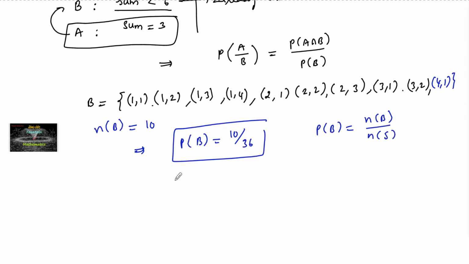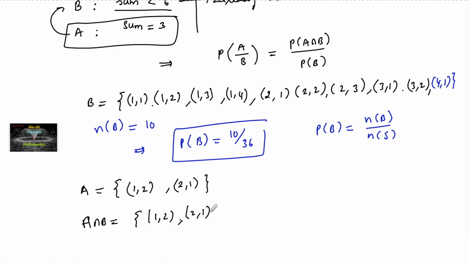So 10 out of 36 is P of B. And A can be considered: sum is 3. So we can write here 1 comma 2 and 2 comma 1. A intersection B is equal to the same, 1 comma 2 and 2 comma 1.